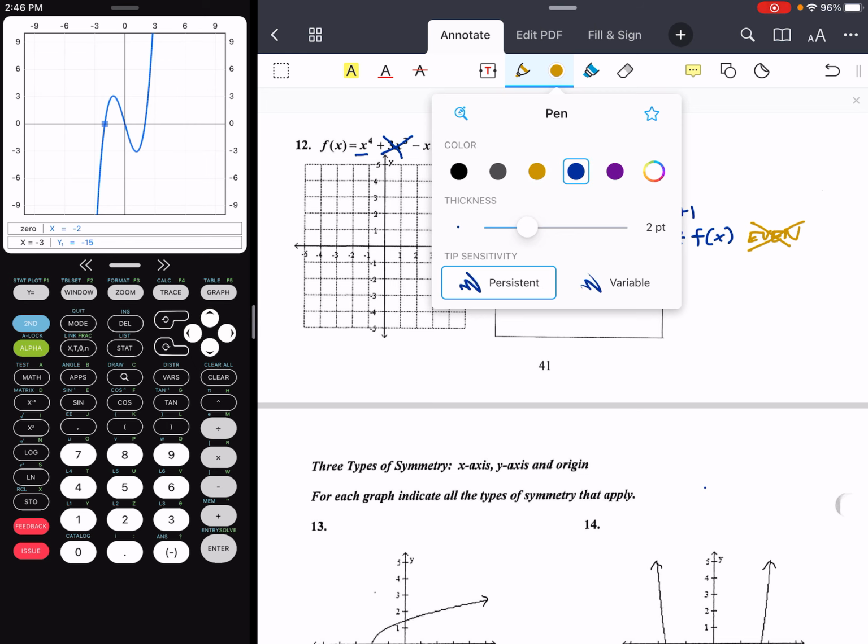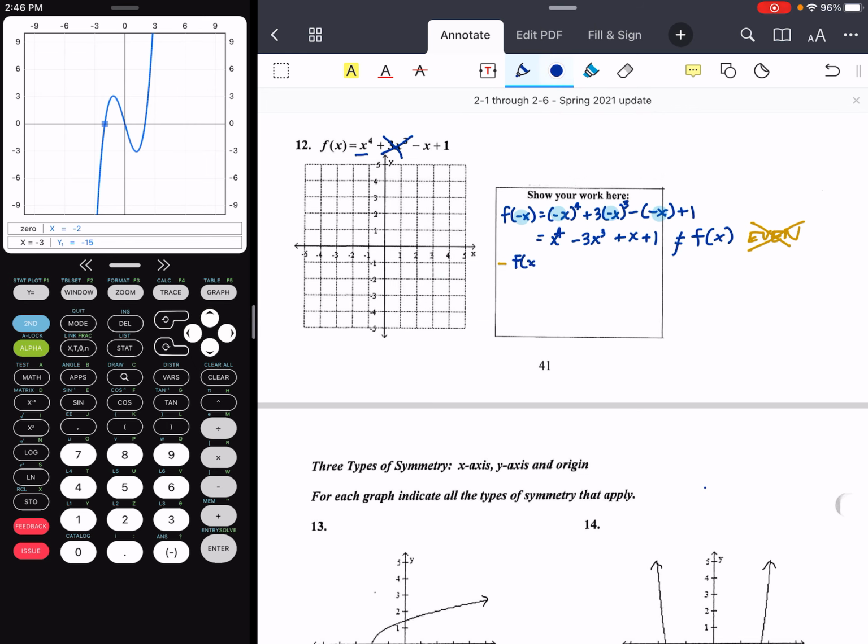So negative f of x is going to equal the negative of x to the 4th plus 3x cubed minus x plus 1. I'm going to put a negative sign out in front of that and distribute. So this will give me negative x to the 4th minus 3x cubed plus x and minus 1.